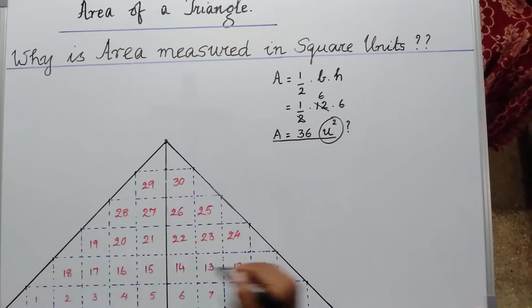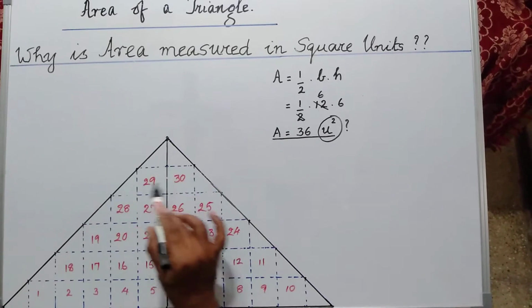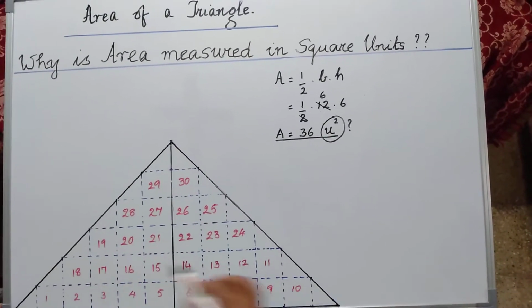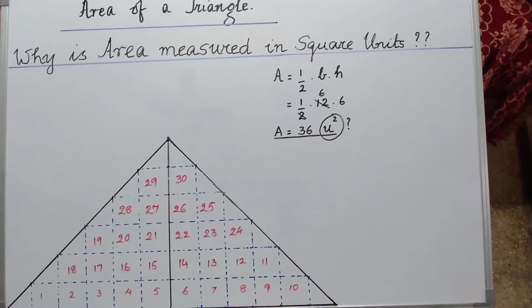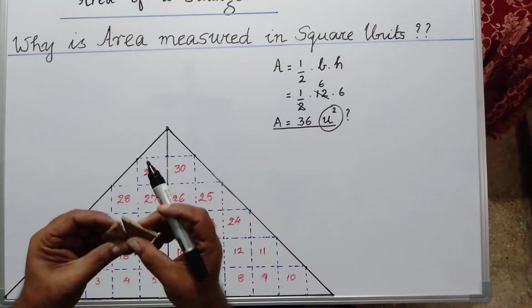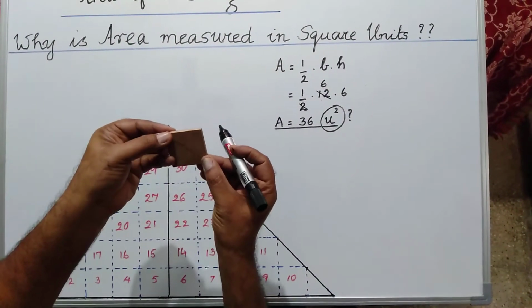If you can see the figure, we have not numbered these empty triangles, and these empty triangles are right angled triangles. And this is a unit square.